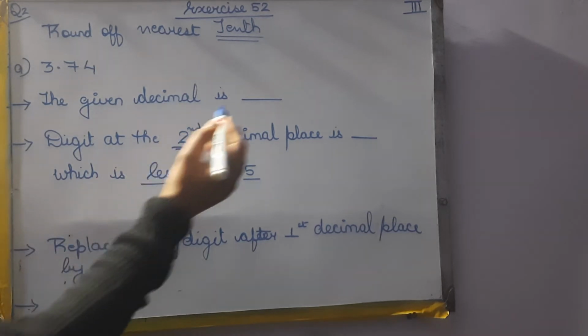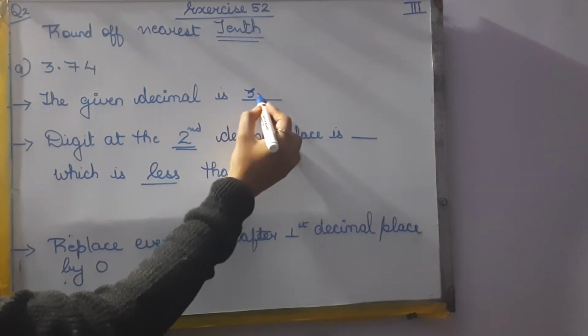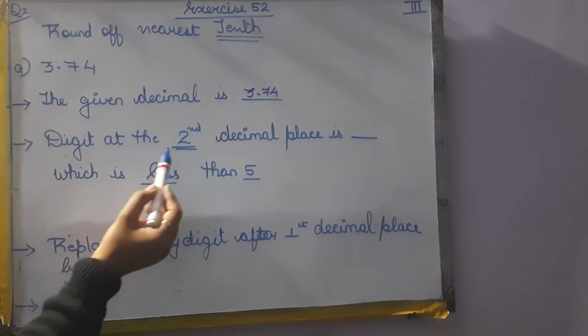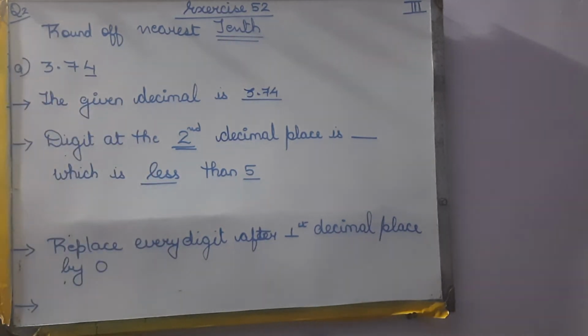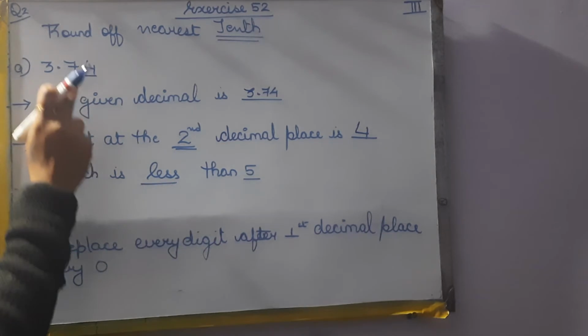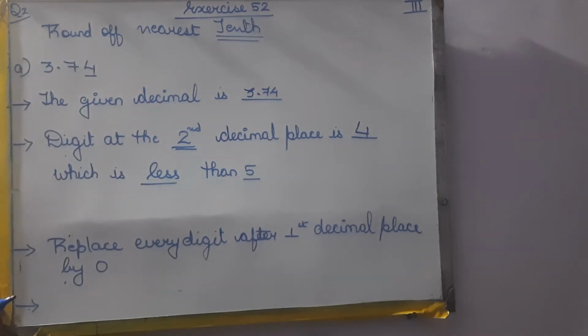The given decimal number is 3.74. Now we have to see the digit at the second decimal place. The digit at the second decimal place is 4, which is less than 5. So what are we going to do?